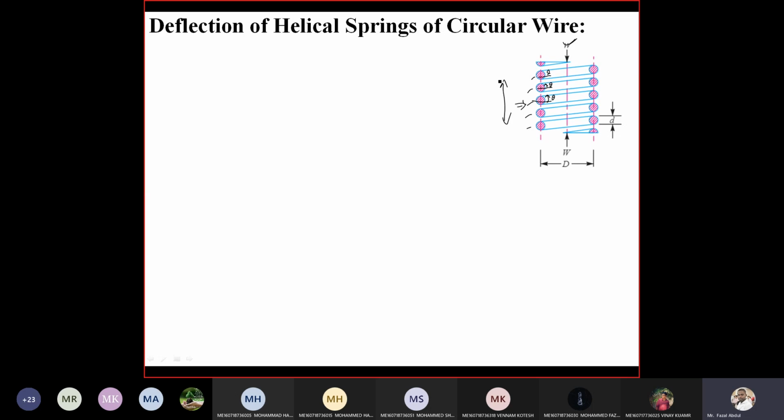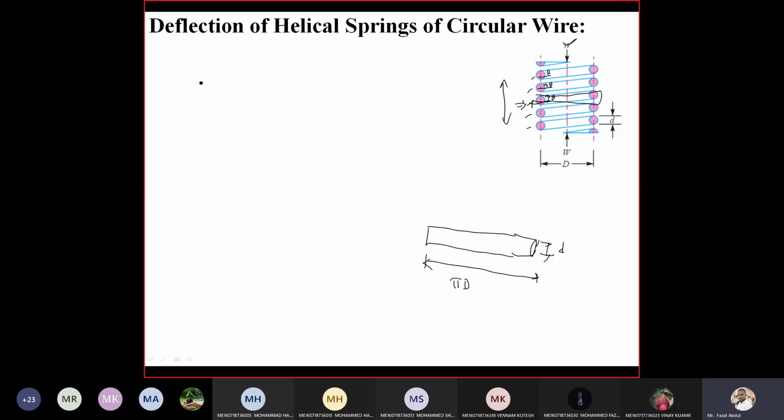Okay, if we take one coil of the spring and open it, this is one coil of the spring. The length of one coil of the spring is pi d, where this is the wire diameter, small d.